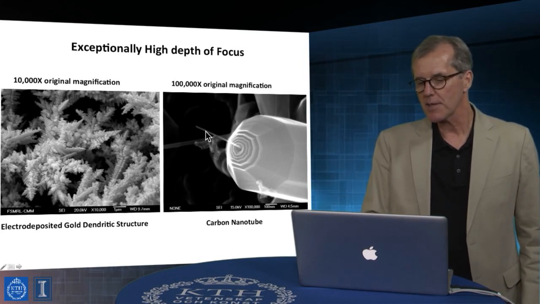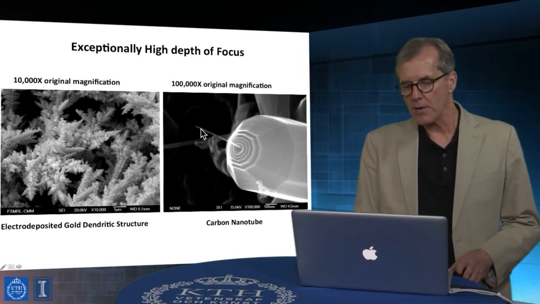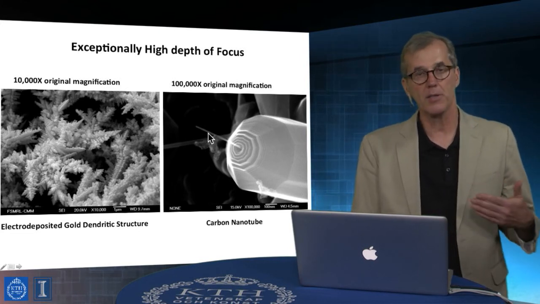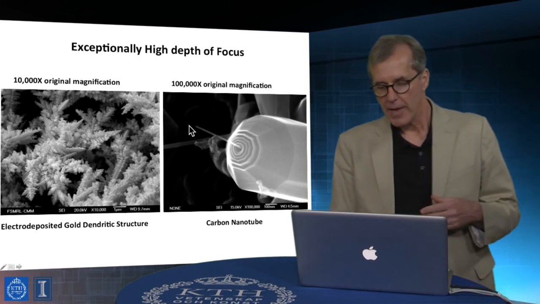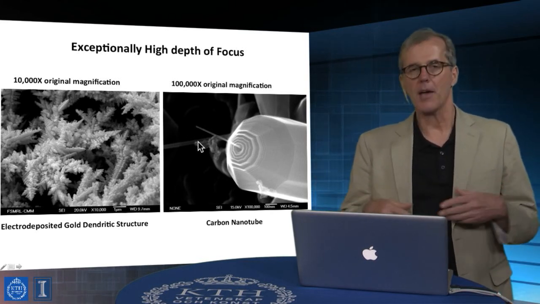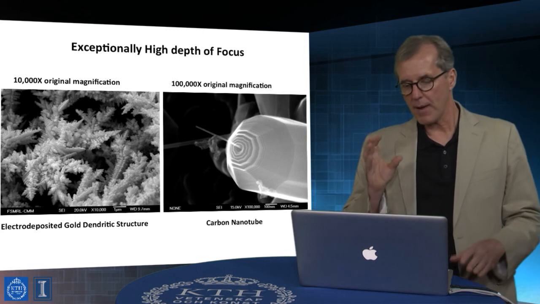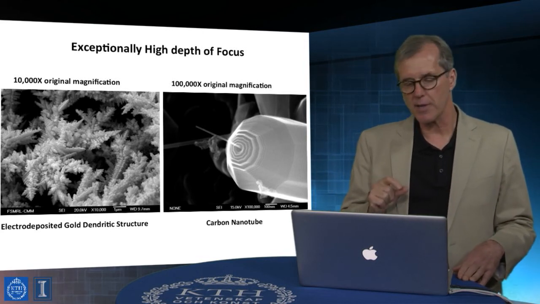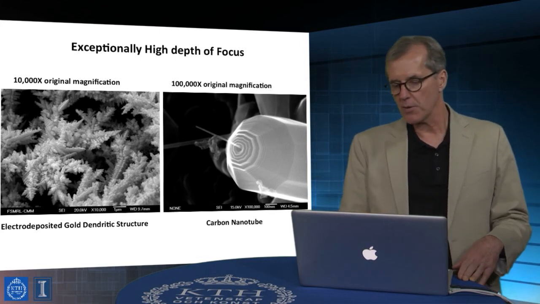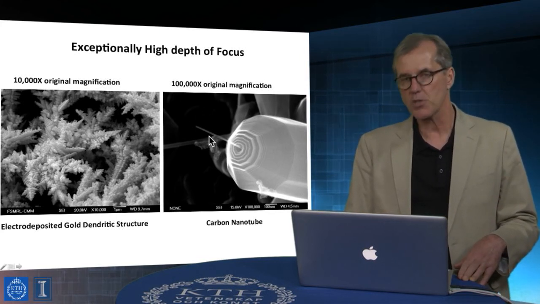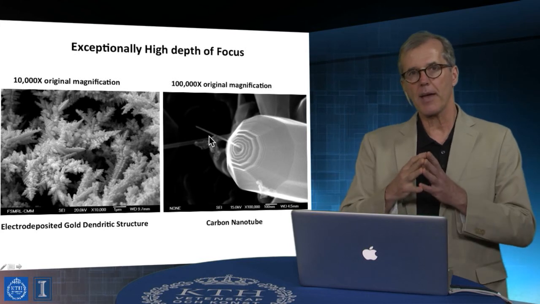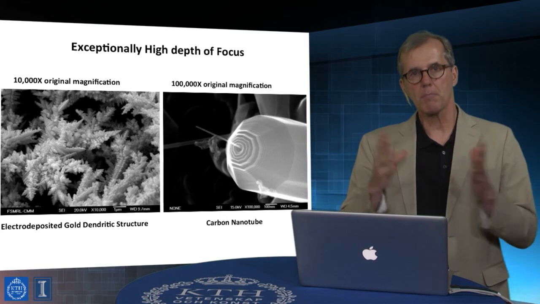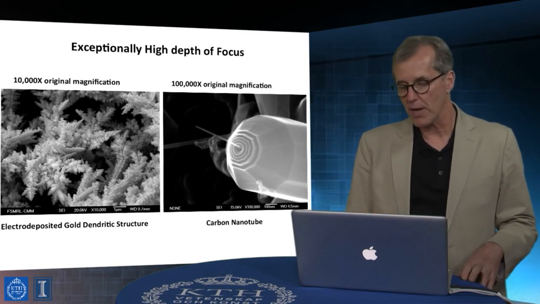The thing I would ask you to think about is the bright region here, that's the carbon nanotube. Does that actually correspond to the dimensions of the tube? Actually, yeah, in some sense it does, but the apparent diameter is actually much larger than the diameter of the tube. Even though this is a 100,000x magnification, it just has to do with the fact that the electron emission from the tube is actually being blurred into its dimensional attribute.